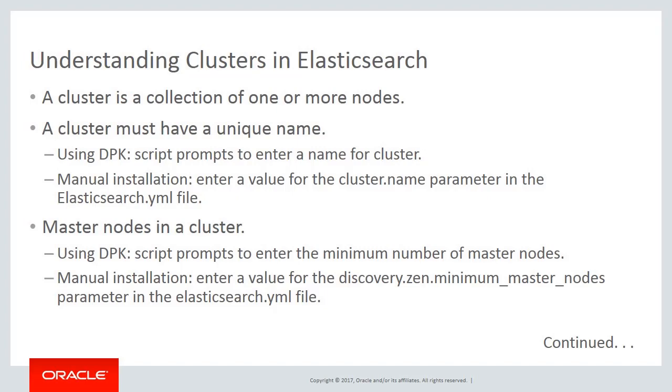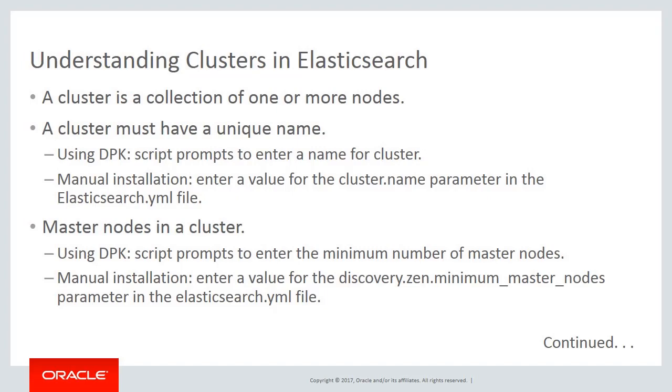During the Elasticsearch installation, the script prompts you for the minimum number of master nodes. If you are installing Elasticsearch manually, you need to specify a value for the discovery.zen.minimum_master_nodes parameter in the Elasticsearch.yml file.